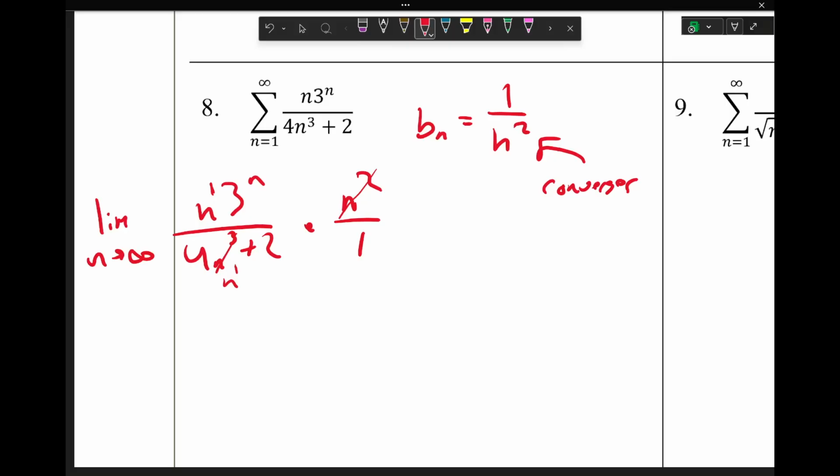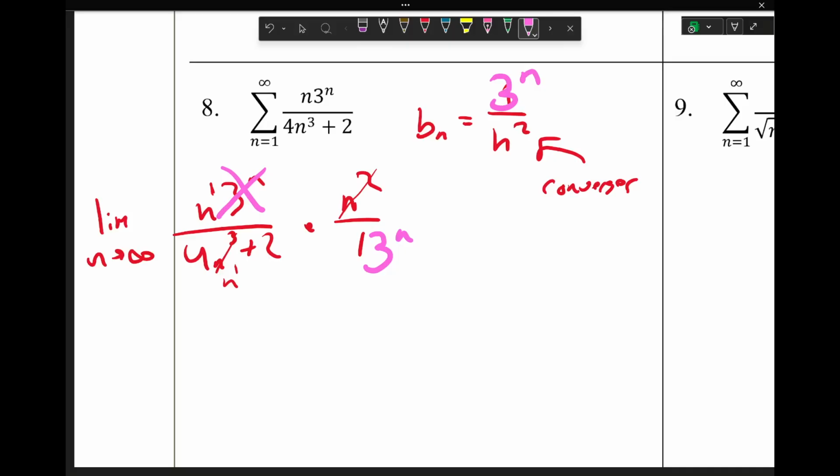What I did is I said, okay, let me pick something else here. Instead of just doing this, I also would really like this 3 to the n to be canceled out. So instead of doing 1 over n squared as a comparison, because I couldn't do that, that limit wasn't finite, so the limit comparison test was not working, I can change this.